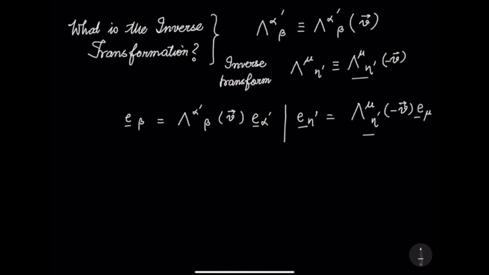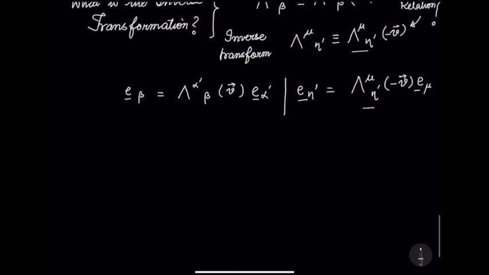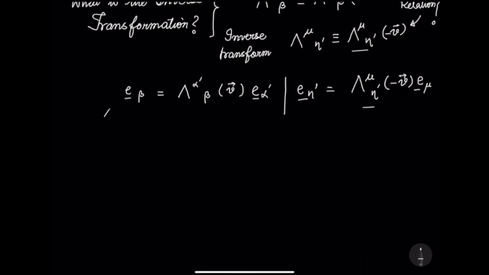What we do not know is the relation between these two lambdas. What is the relation between these two lambdas? This is what we do not know. So I put a question mark here. So let us try to figure it out. What I do is I start from here and I write e beta as lambda alpha prime beta of v, e alpha prime.